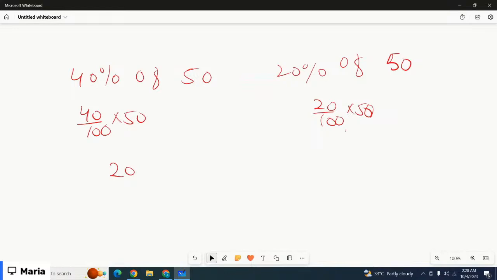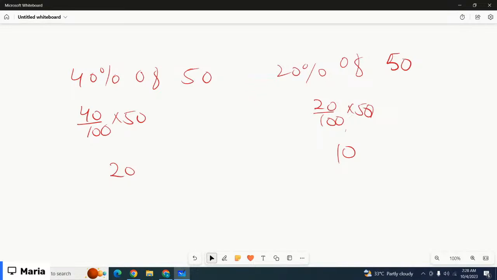And then 20 over 100 times 50 is 10. So which is less? The question is, you need to see which fraction is less.